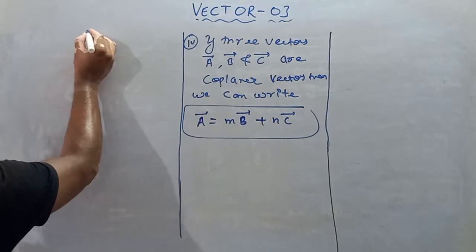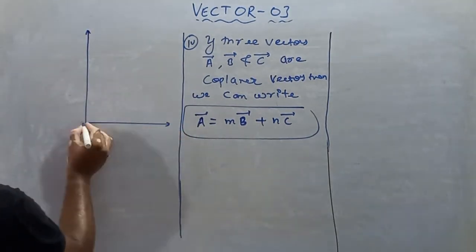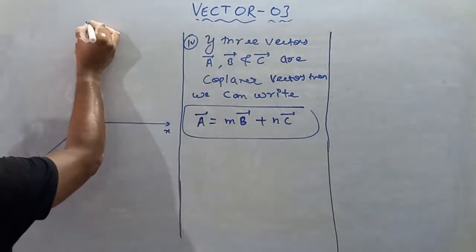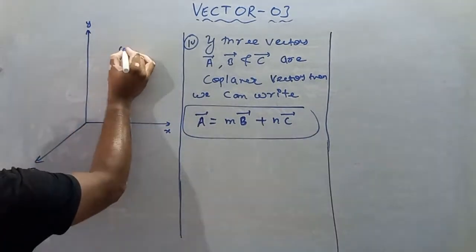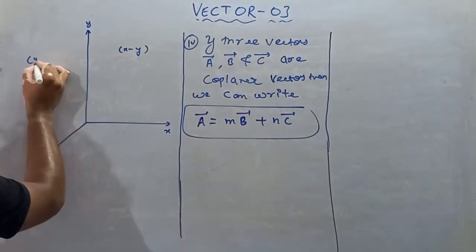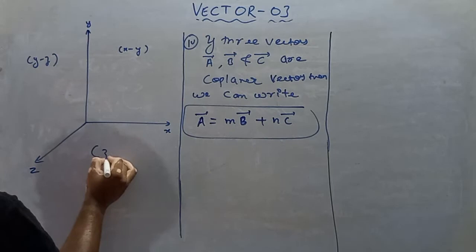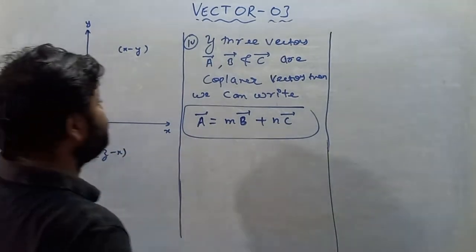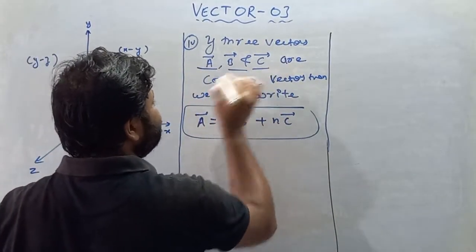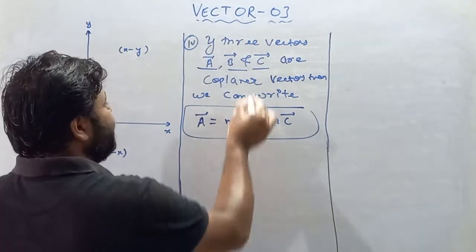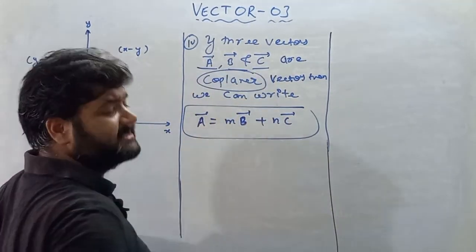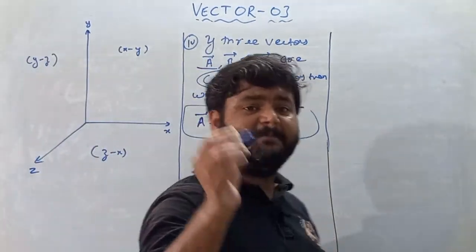Like, let's suppose we have a Cartesian system. This is our x-axis, y-axis and z-axis. This is considered to be the xy plane, this is the yz plane and this is the zx plane. So let's suppose we have three vectors A vector, B vector and C vector, and they are saying that they are coplanar, meaning all the vectors lie in the same plane.